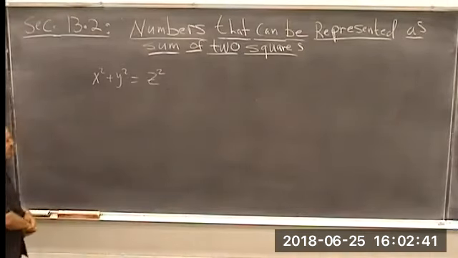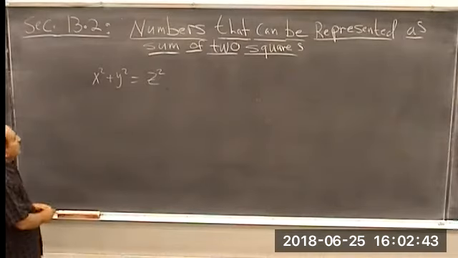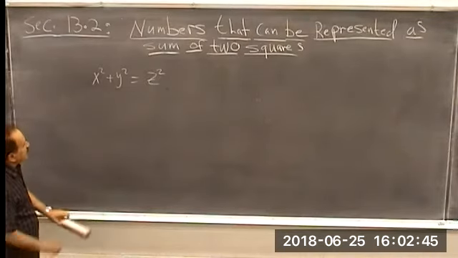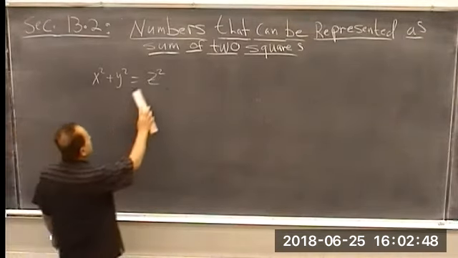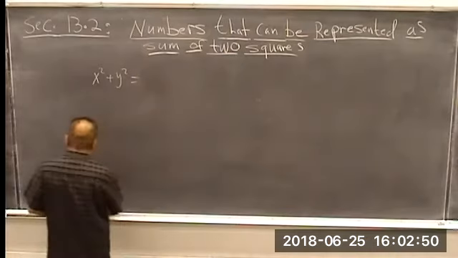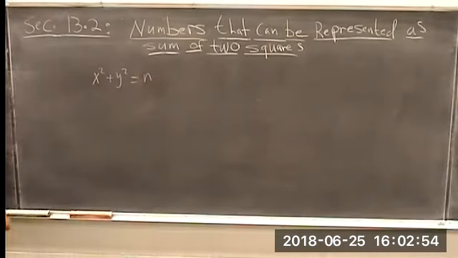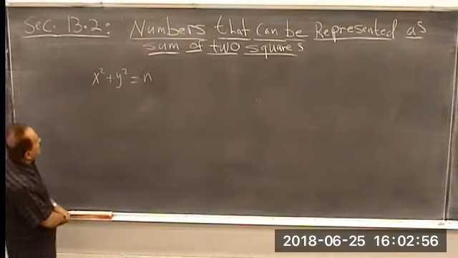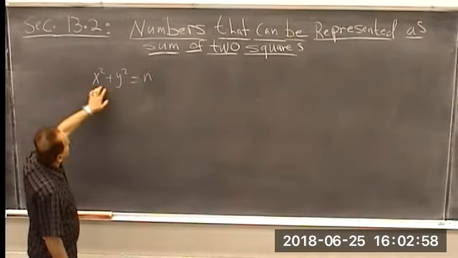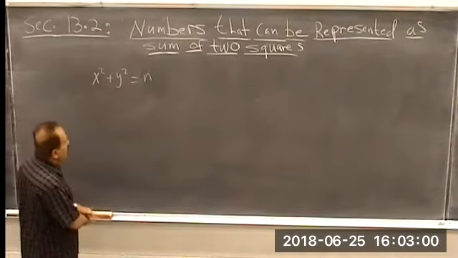Now, in this section, we are interested in looking at what integers n can be represented as the sum of the squares of two non-negative integers.